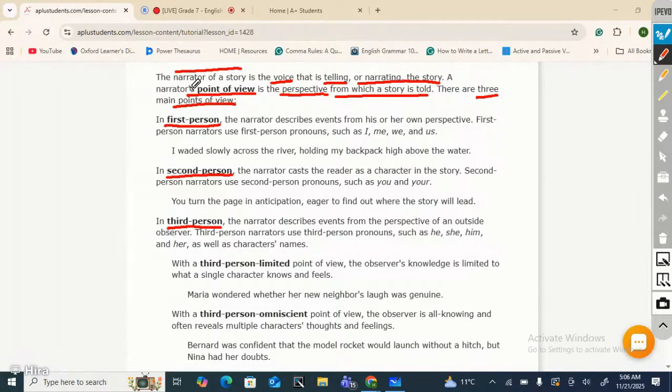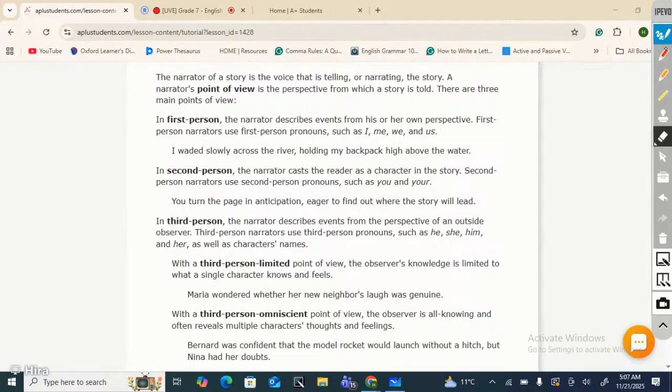Okay, let's continue. Three points of view: first person, second person, and third person. In first person point of view, the narrator describes events from his or her own perspective.